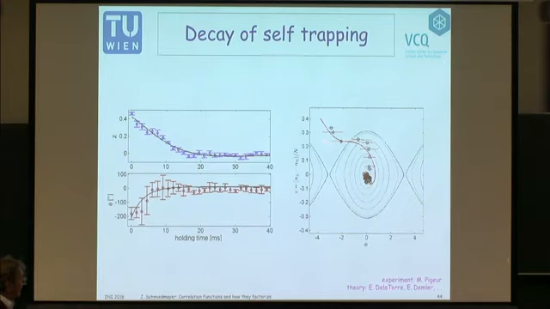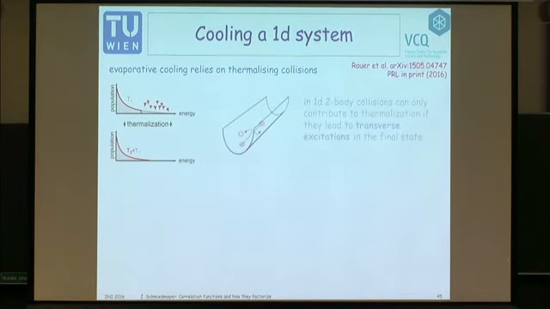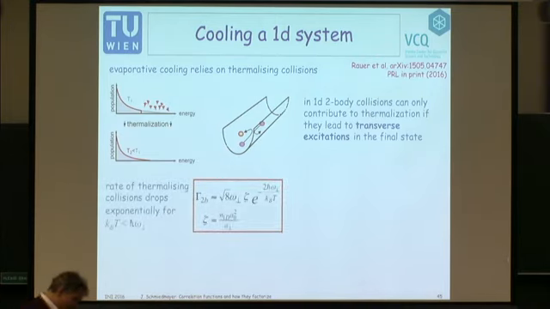You see a decay of the self-trapping, and we can put some effective parameters in there, and that's also okay. There are many types of things we can look at, and I think it's a very open problem with many different things to start from. And the third teaser is, I said we can have 1D systems.